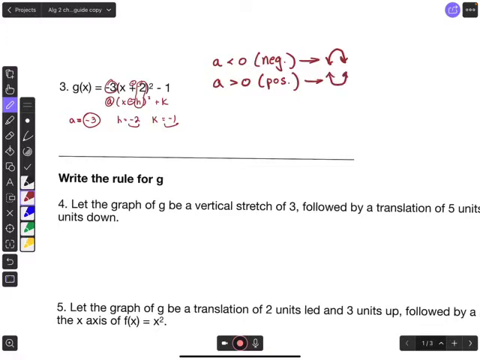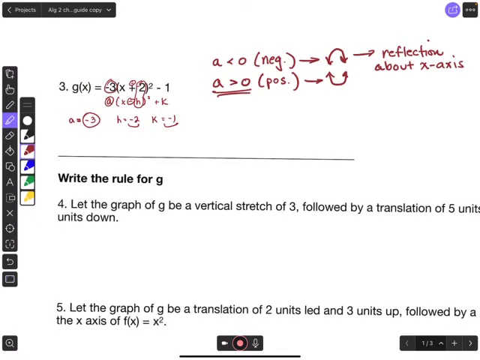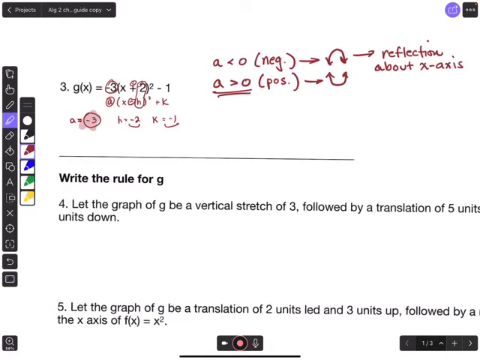Okay, this is called a reflection about the x-axis. In other words, it flips it over the x-axis and makes it go upside down. Otherwise, it isn't a reflection, and that's when a is greater than 0. So clearly in this problem, because a is negative, this parabola is going to open upside down.